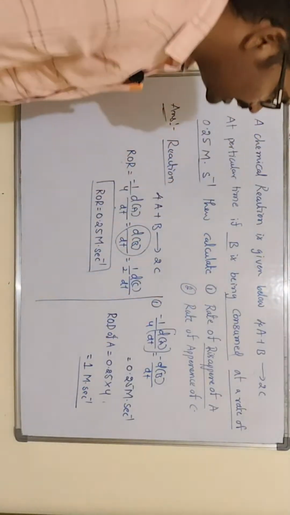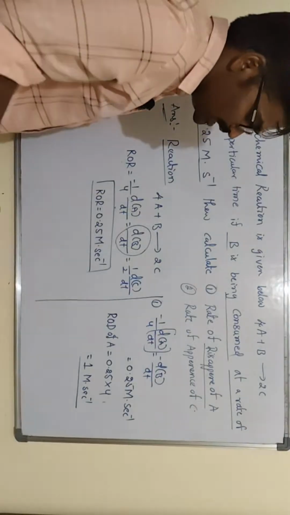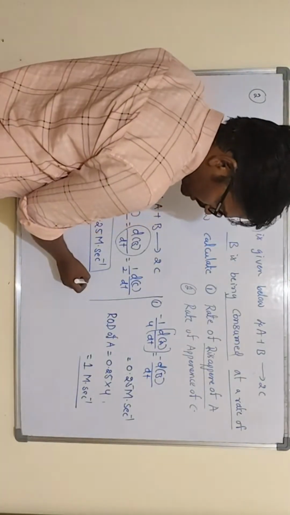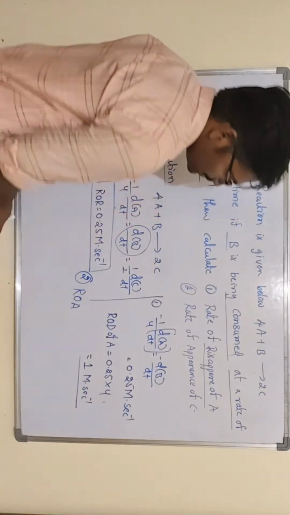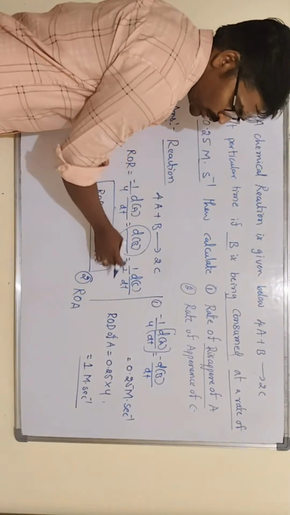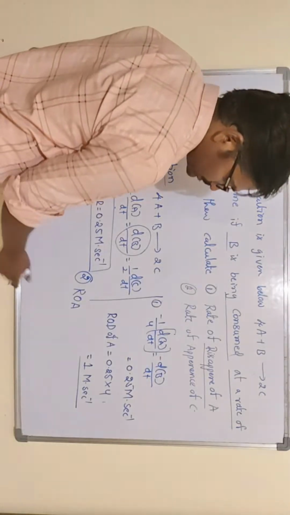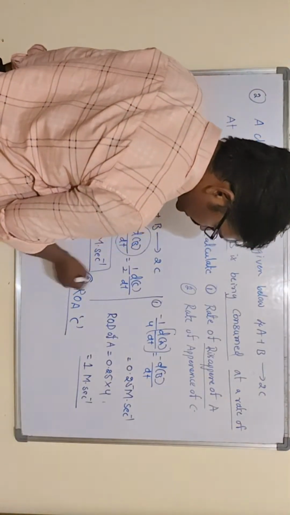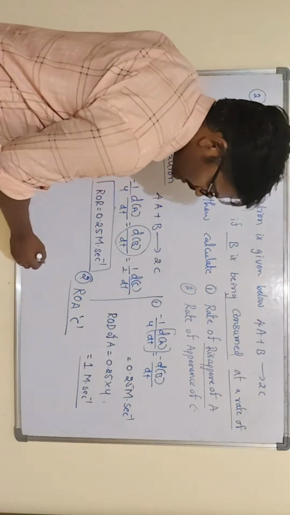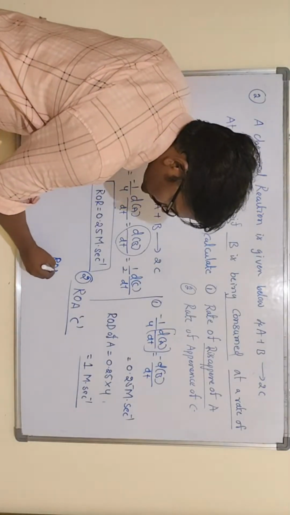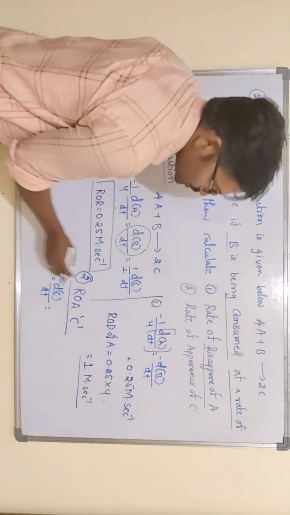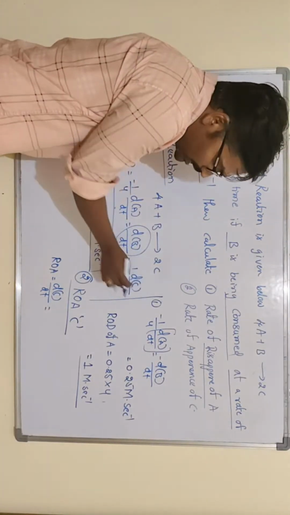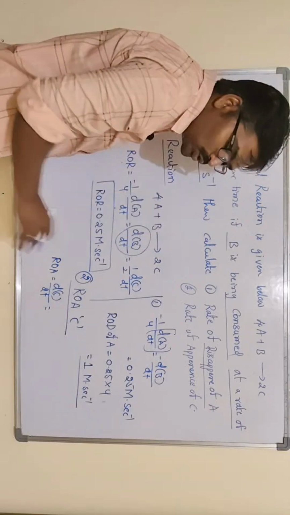Clear? Then next one, rate of appearance of C, in case you want to see. The second one, rate of appearance, so this is C. So if the two are equal, the rate of appearance of C is d[C]/dt that we have to take. So d[C]/dt is required, then 1 by 2 is sent to that side as 2.